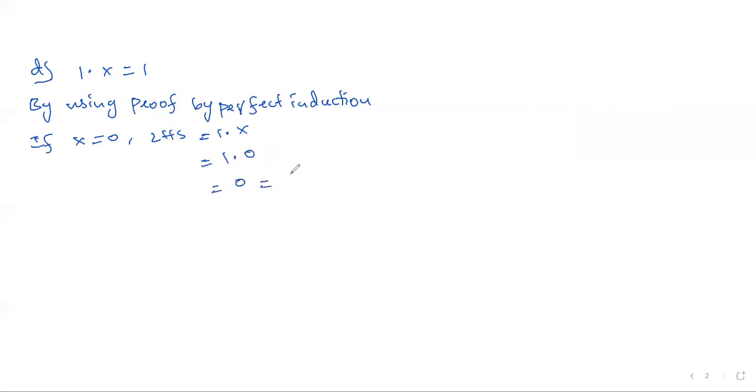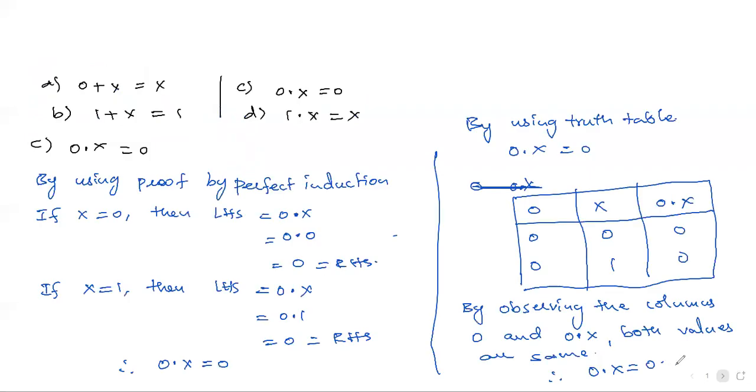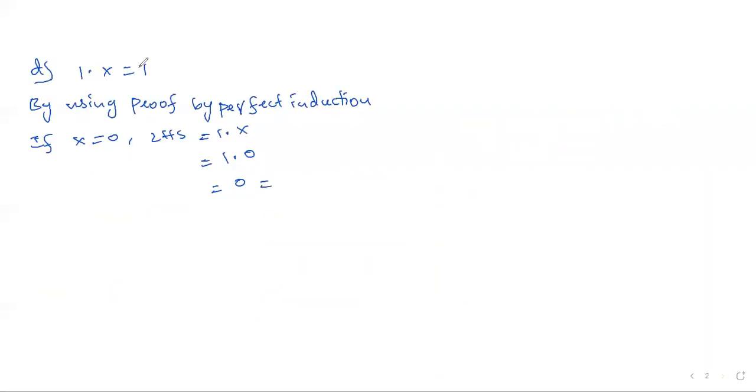That is the property 1 and x is x. So this is the x value, which is RHS, because the x value we have substituted as 0. So because of that, we get RHS.